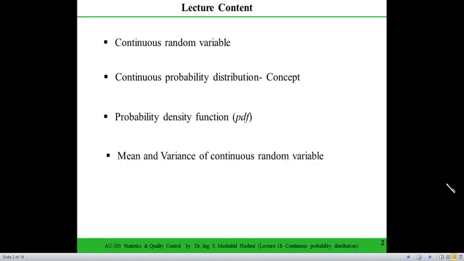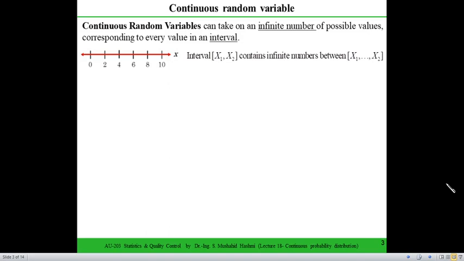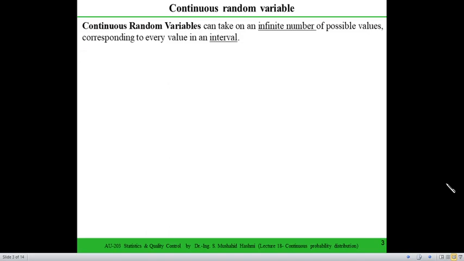And then we will look into the expressions for calculating the mean and variance of continuous random variable. And in the end, we will start on a very important continuous probability distribution, that is normal distribution, but we will just look into the concept part, and in the next lecture we will go into detail about the normal distribution.